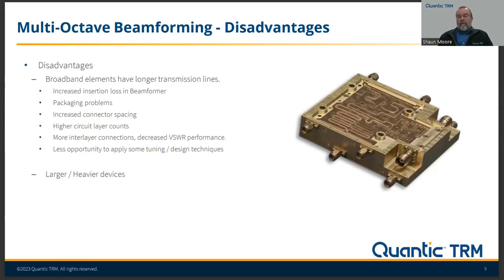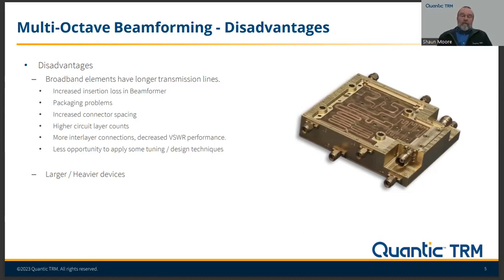Because of the increase in bandwidth, you will pay a penalty in other performance aspects. Things like phase matching, as well as amplitude matching and VSWR, will typically degrade as well. On top of all that, because we have to add more line length, it becomes obvious that the parts need to get larger, and with larger sizes come larger weights.